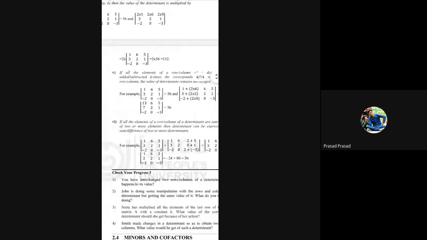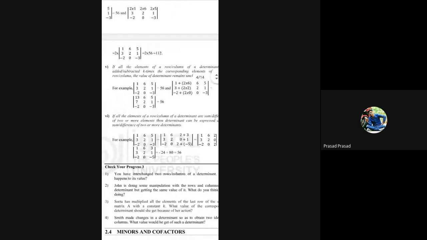Then the next property is, if all the elements of a row or column of a determinant are expressed as the sum or difference of two or more elements, then the determinant can be expressed as the sum or difference of two or more determinants. So here you can see how it is being separated in the third column.